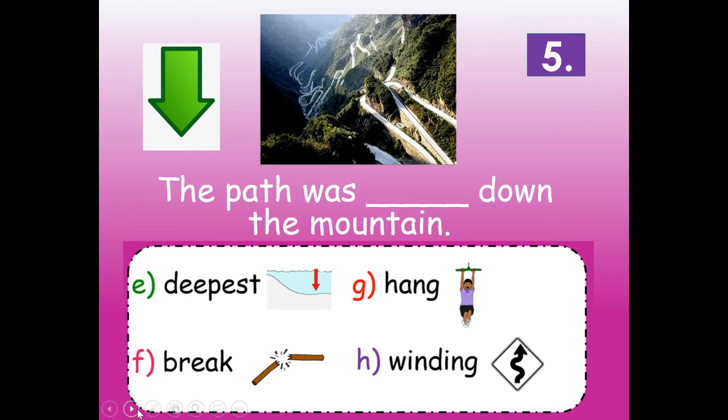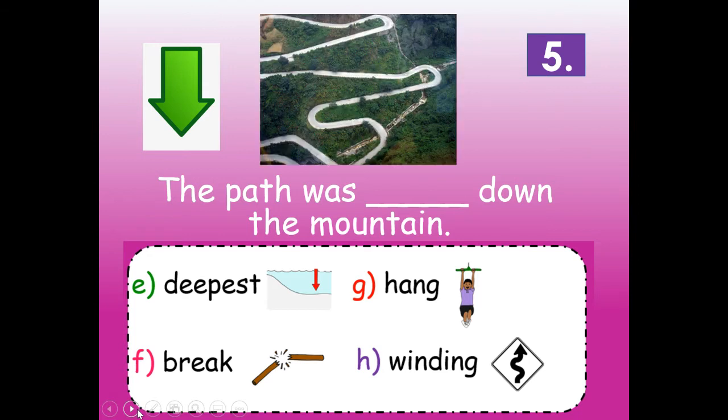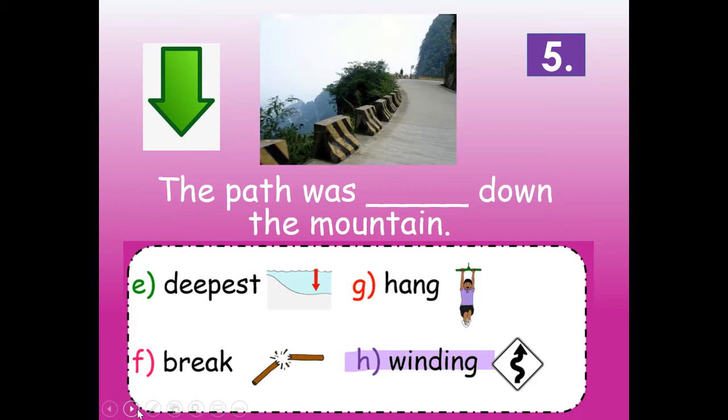Look at your picture clues. Winding. The path was winding down the mountain. Winding. That means curvy. W-I-N-D-I-N-G. Winding. The path was winding down the mountain.